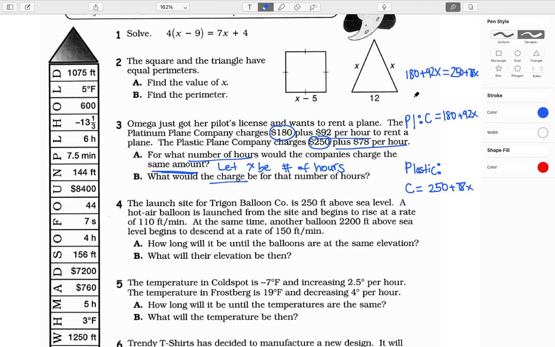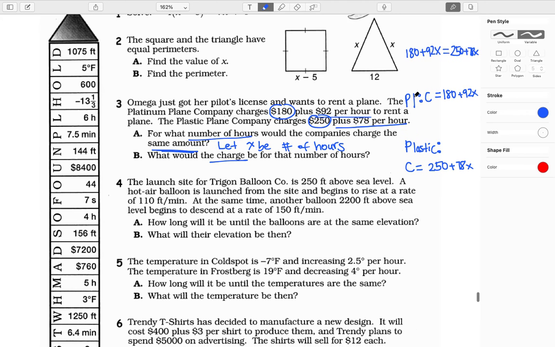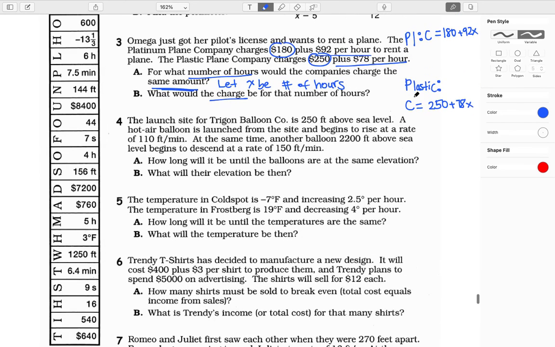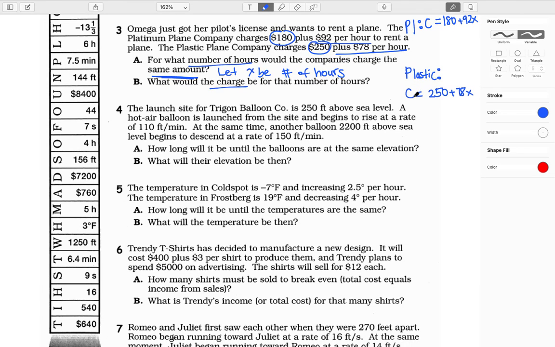Okay, so I'm going to help you how to do a let statement for this page. So let's take a look at number 4. The launch site for Trigon Balloon Co. is 250 feet above sea level. A hot air balloon is launched from a site and begins to rise at a rate of 110 feet per minute.